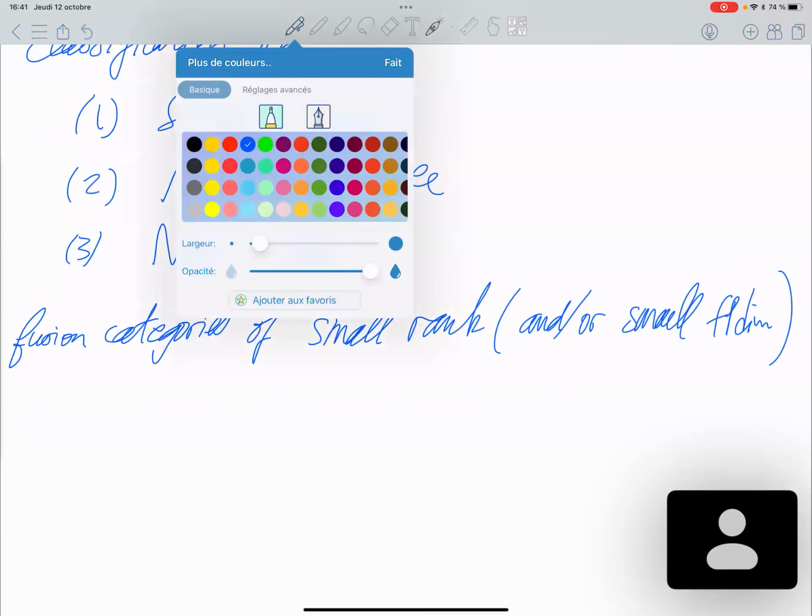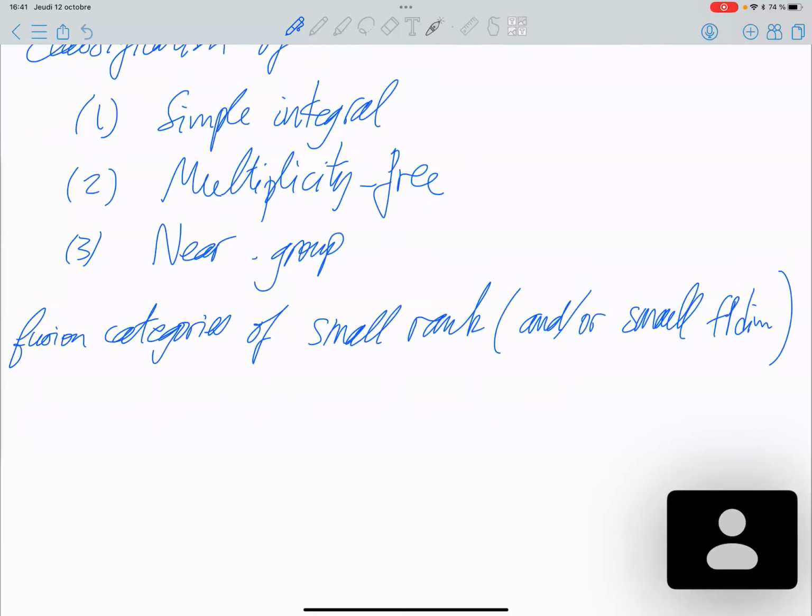So in this course, we will mainly focus on the first type of fusion category, simple integral. But we will also briefly consider the second type. And at the end, we will finish the course. The end of the course will be dedicated to complete a work in progress about the application to a near group.